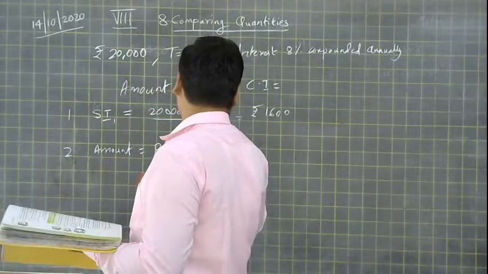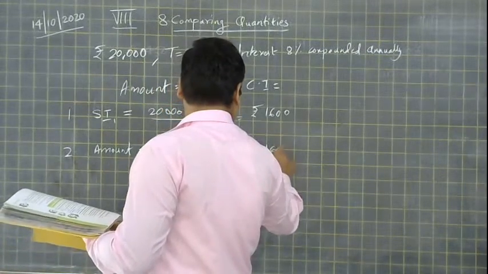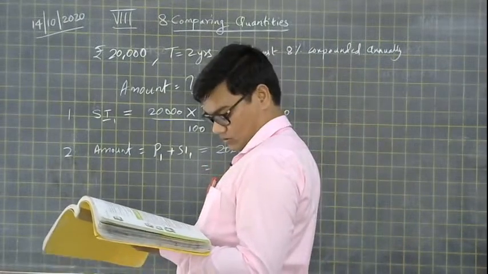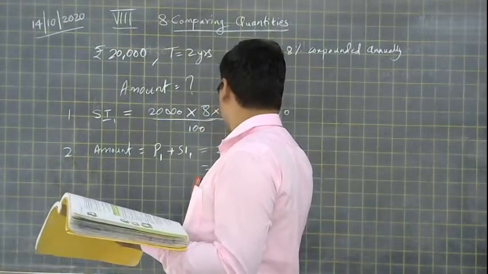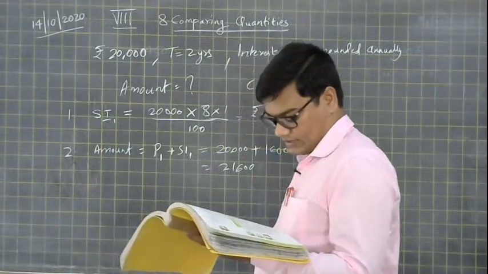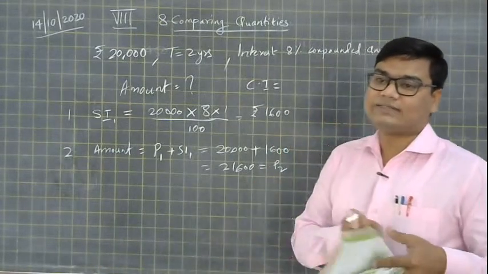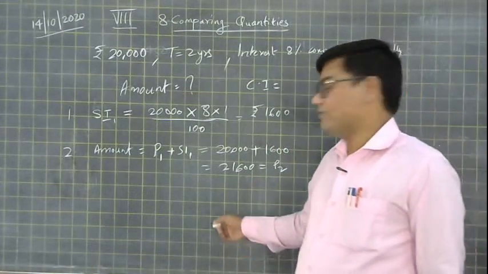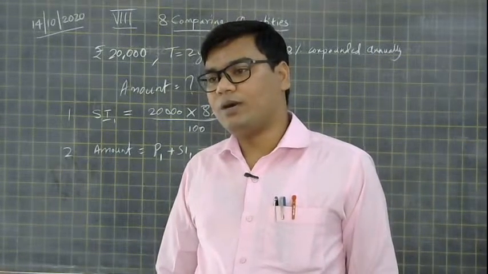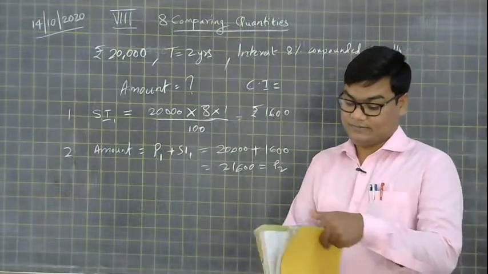So 20,000 plus 1,600 is 21,600. This 21,600 acts as P2, the principal for the second year.